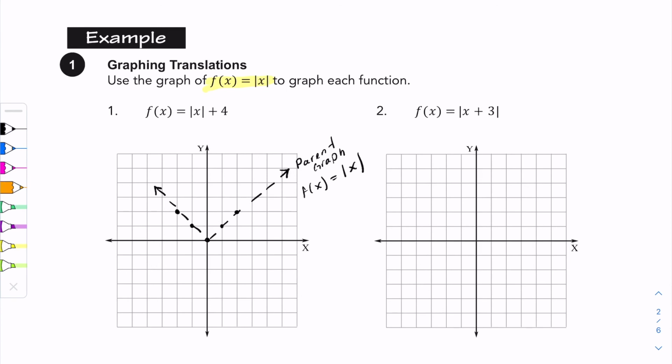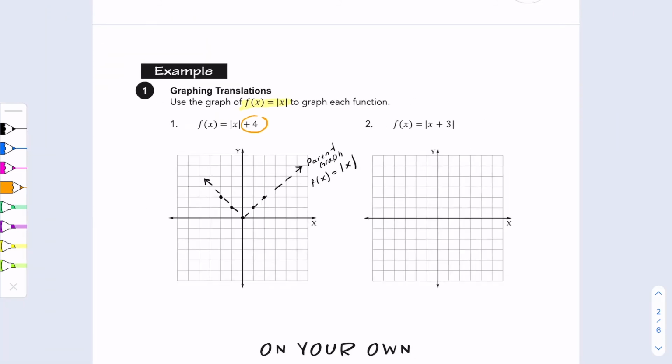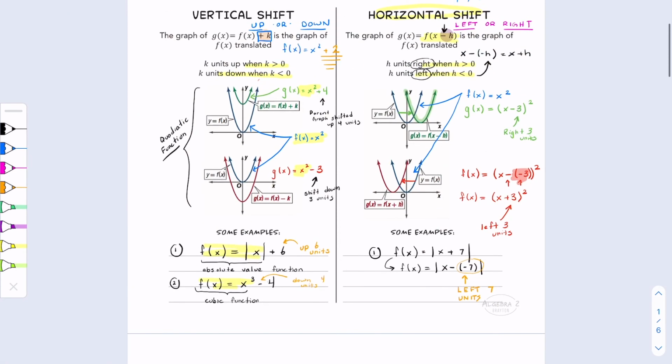Now to graph the transformations, we have +4. And +4 is outside of the absolute value bars, or outside of the parentheses is how I was referring to it before, but in this case we obviously have these bars. So if it's outside, that's going to be an up or down shift. That's this column right here, the vertical shift.